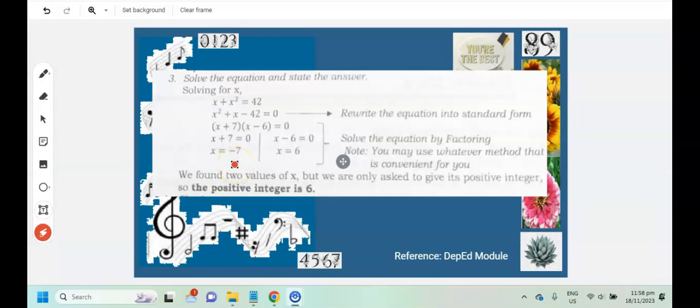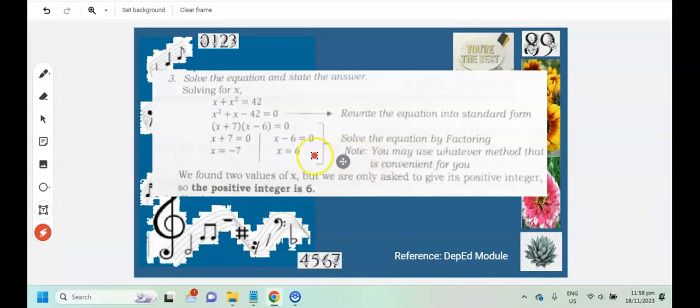Next, kay na naman tayo algebraic equation, we now solve the equation and state the answer. Right, solving for x. So first, we write the equation. Now, atong i-rewrite ang equation into its standard form for a quadratic equation. So, unsa man ang unang term sa quadratic equation? Yes, the quadratic term.